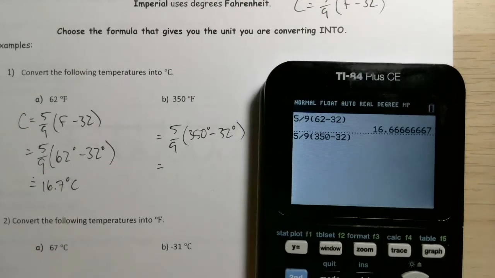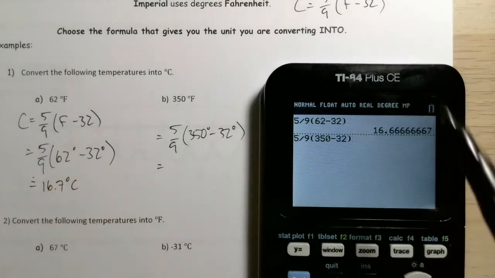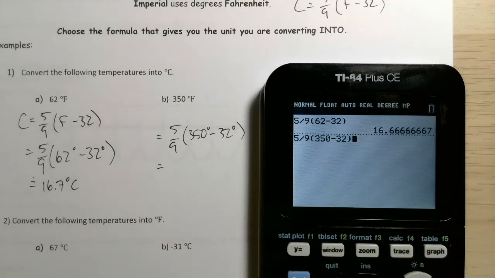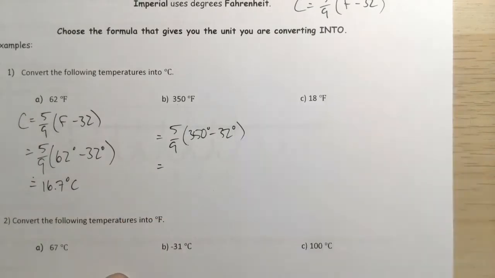And if you're wondering about the 32 here, 32 degrees Fahrenheit is the same as 0 degrees Celsius. That's why that number shows up. It's the zero level for the Celsius scale, and it just makes the formula a little bit easier to work with. So here we go. This one's going to be 176.7 degrees Celsius.